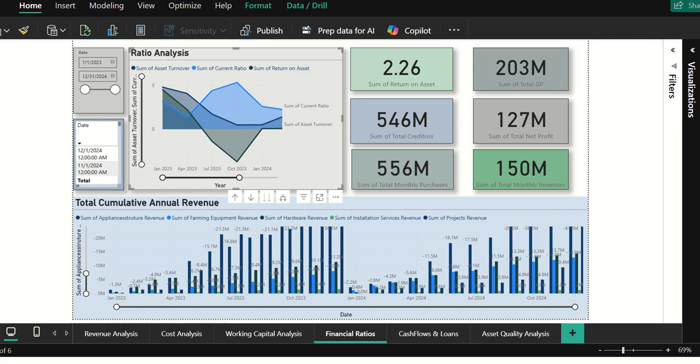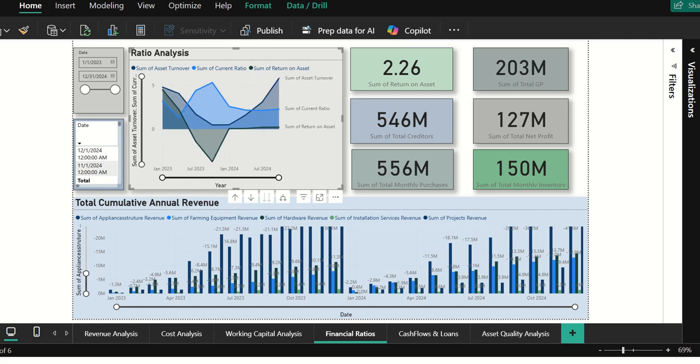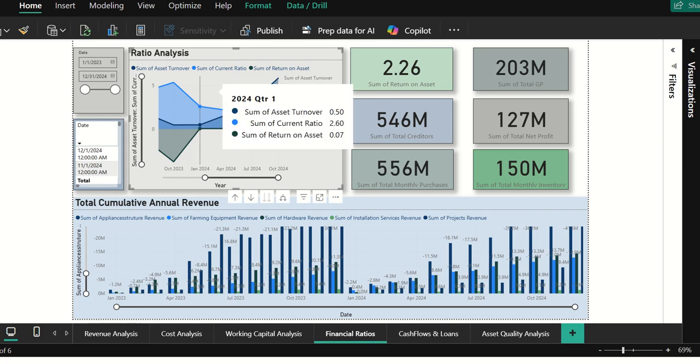If you want to move to another period, you can move there, and that gives you the entire spectrum. So let's say you want to start from January all up until the end. Let's look at, for example, ratio analysis for this period.